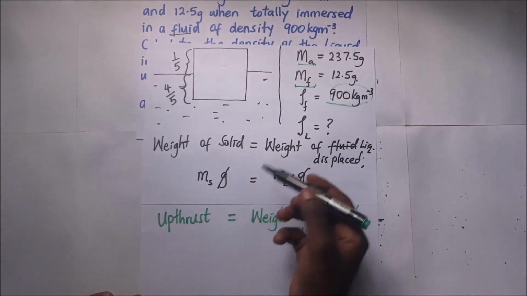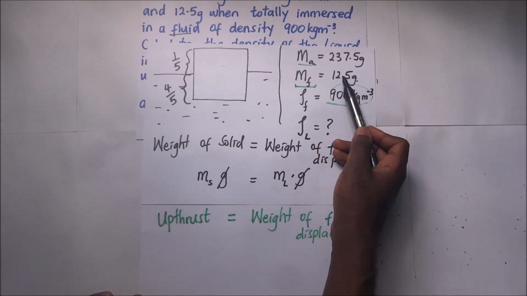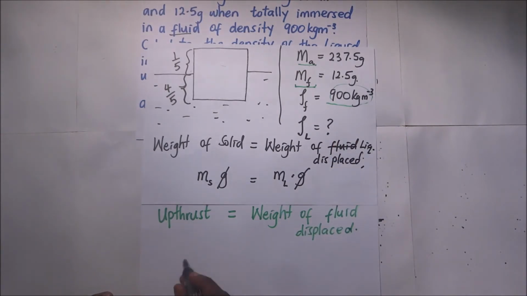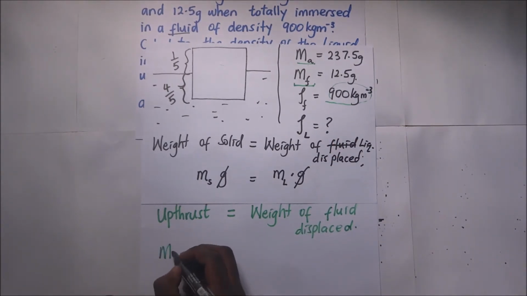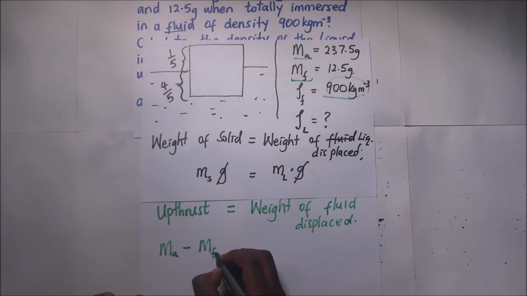Now the upthrust, of course, is the mass in air minus the mass when the solid was immersed in the fluid. So in simple terms here, upthrust is going to be the mass of that solid when it's in air minus its mass when it's in the fluid. In other words, this apparent loss in mass is equivalent to the upthrust.